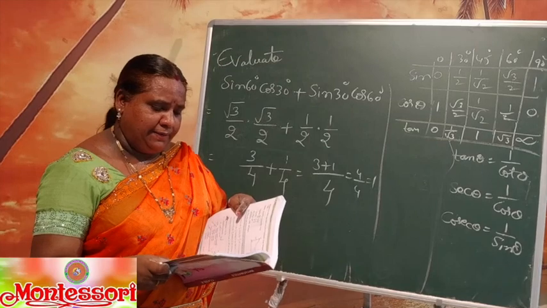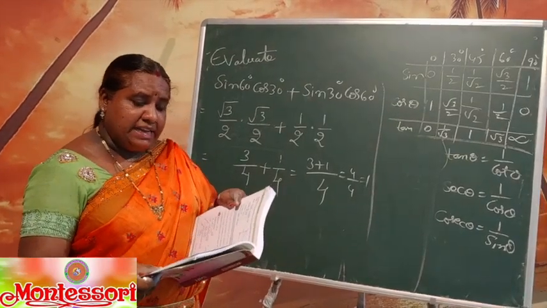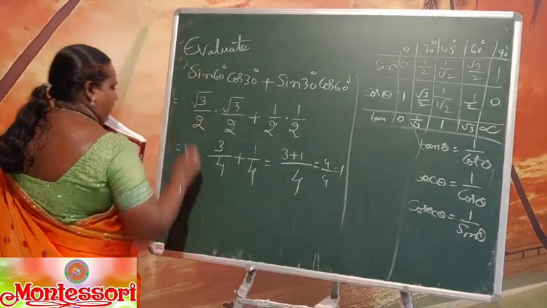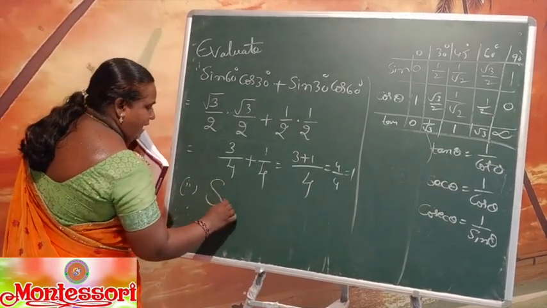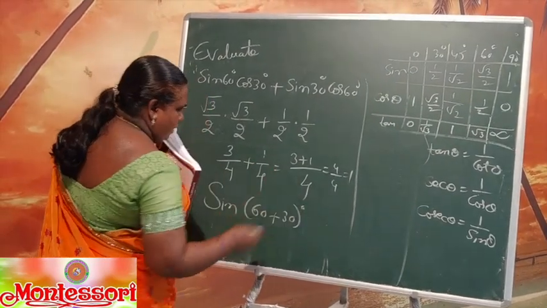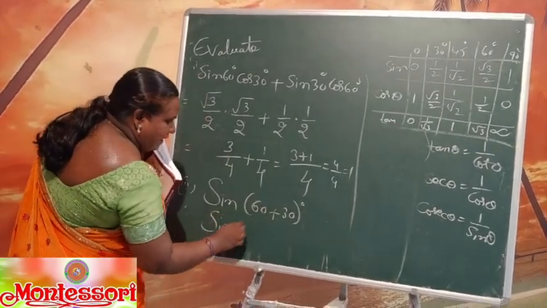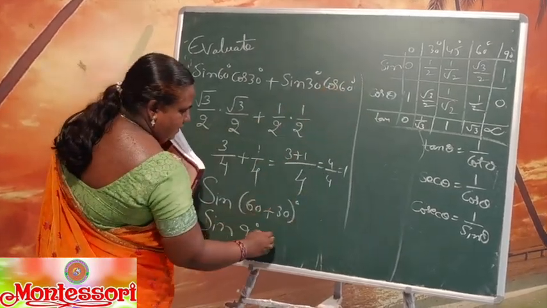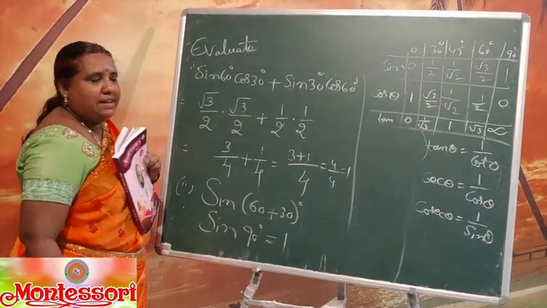Again they are asking, what is the value of sin 60 plus 30? Think that this is the first part in that. And directly they are asking sin 60 plus 30. What is sin 60 plus 30? How much? 90. Now what is the value of sin 90? 1.